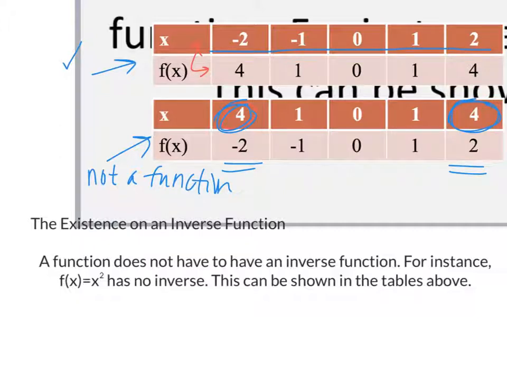So it is possible for a function not to have an inverse that is a function. It may have an inverse, but that doesn't make it an inverse function, is what I'm trying to say. And if a function has an inverse function, we call that one-to-one, okay? We call that one-to-one.